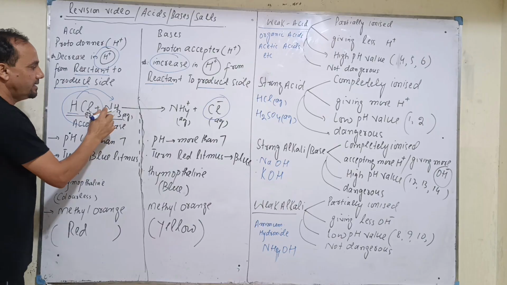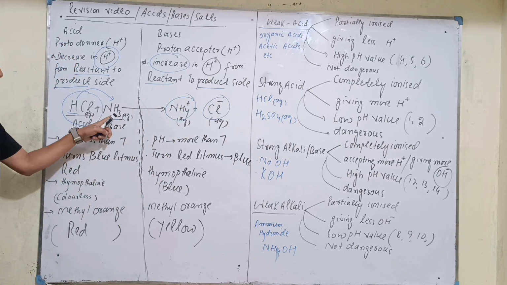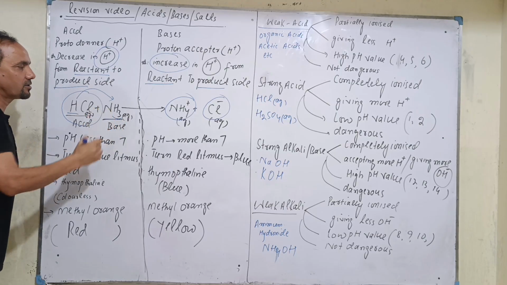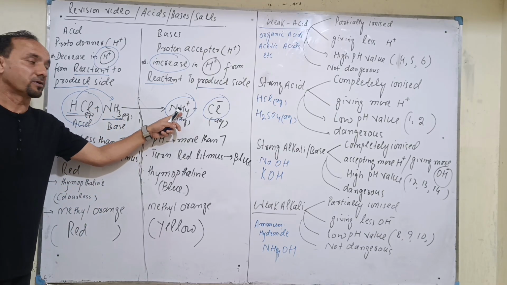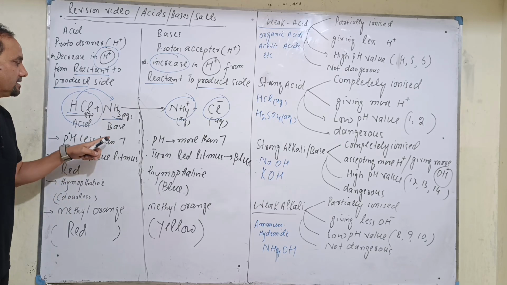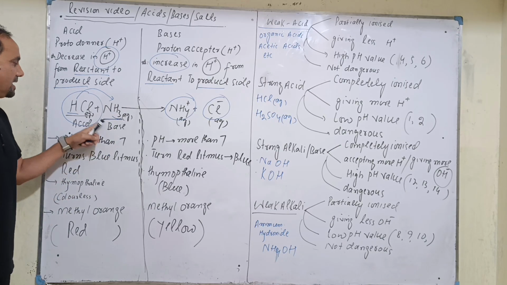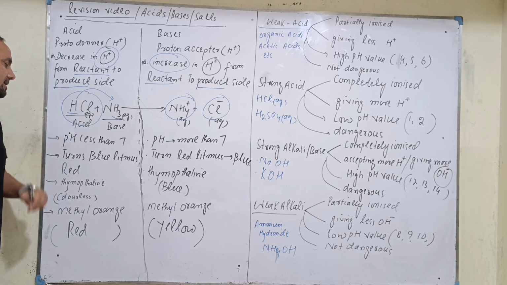Now look at ammonia and ammonium ion. In ammonia there are 3 hydrogen atoms, but in ammonium ion that becomes 4. It means ammonia has accepted one hydrogen ion, so ammonia is a base and hydrochloric acid is an acid.